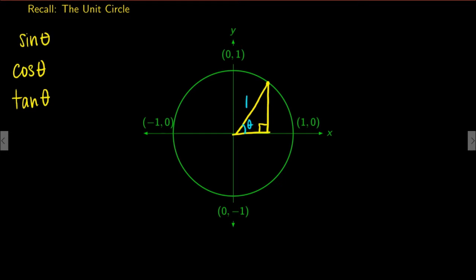here is just 1. So if I wanted to calculate the sine value of this theta, sine theta is opposite over hypotenuse. My opposite is this y value right here, but the hypotenuse is just 1, which means my sine value is just that y value. So right here, this is just sine of theta.